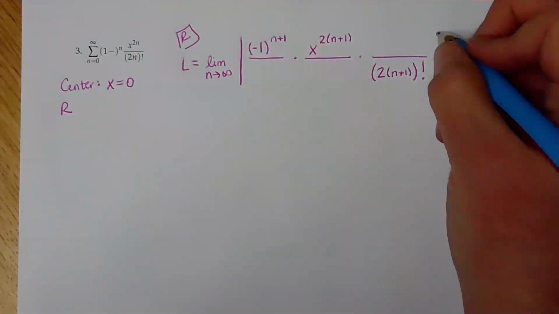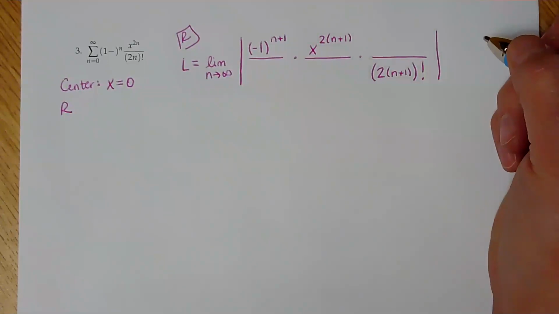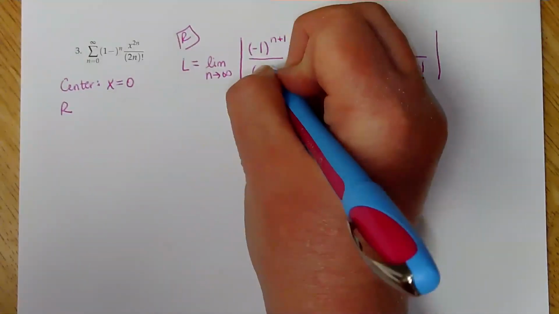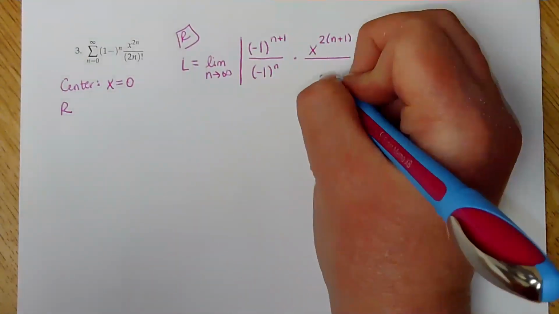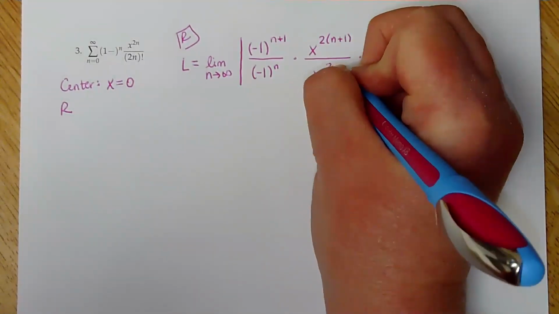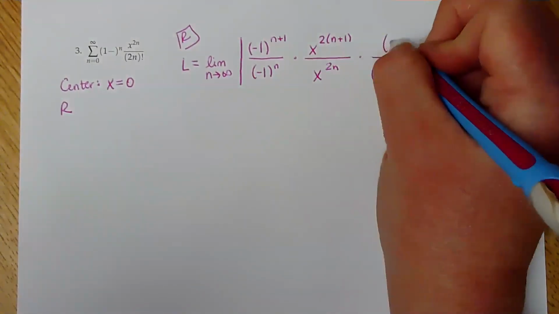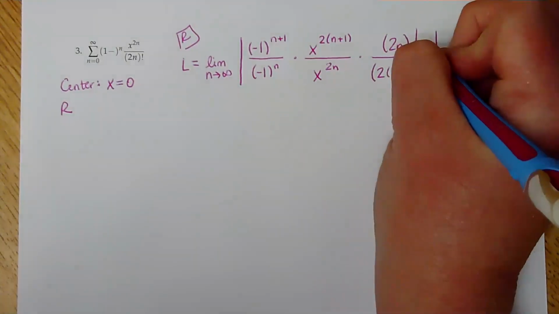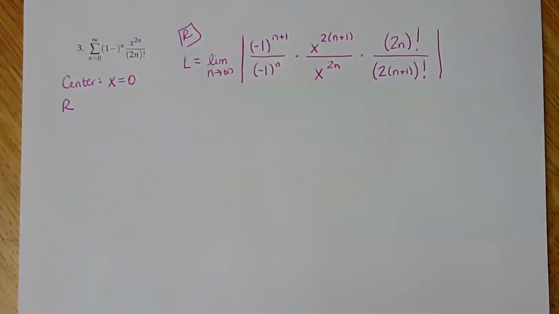And then we'll divide all of that by the nth term. So I have (-1)^n, x^(2n), and then a (2n) factorial that pops up in the numerator.